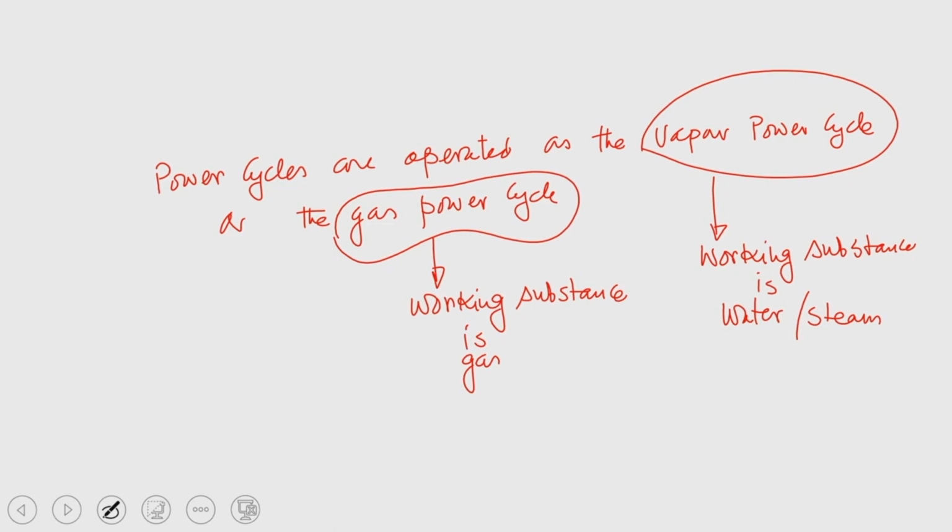If it is air also, this is basically the air standard or air power cycle that you have studied. So, fine. What you can see is that our objective today would be to learn about steam power cycle, right. So, if we go to the next slide, steam power cycle.